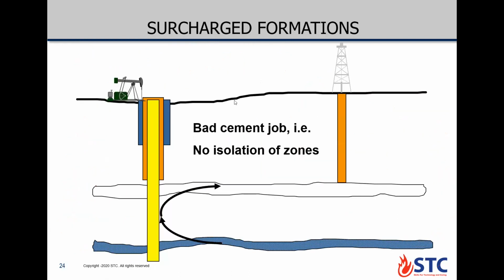Okay, another reason is called surcharged formation. For example, we may have here a past cement job after we ran the casing. So we have a lower layer and the upper layer. The lower layer is always charging the upper layer due to the bad cement job. So if you're gonna drill a well here in this area, you make your calculation based on normal formation pressure, so you expect the pressure here to be 3,000 psi.